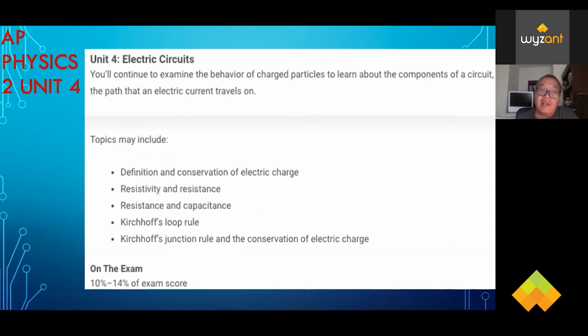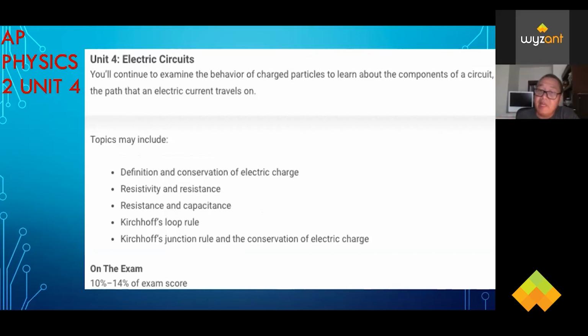Unit 4, that's electric circuits. In this part, you need to learn the behavior of charged particles and the components of circuits, the path that electric current travels on.